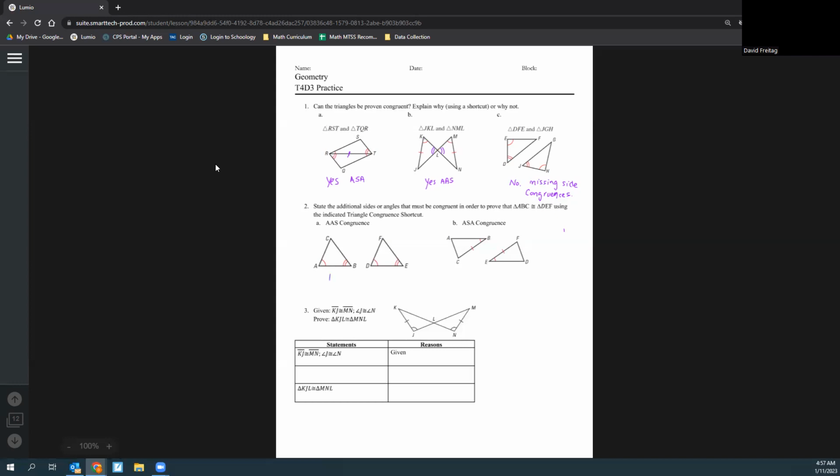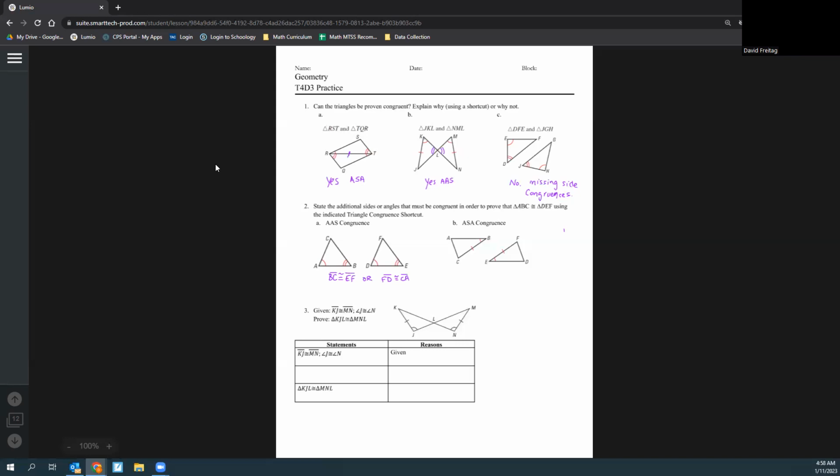So I would need to know that BC is congruent to EF, or FD is congruent to CA. I would need to know one of those two. It doesn't matter which one. I would just need to know that one.